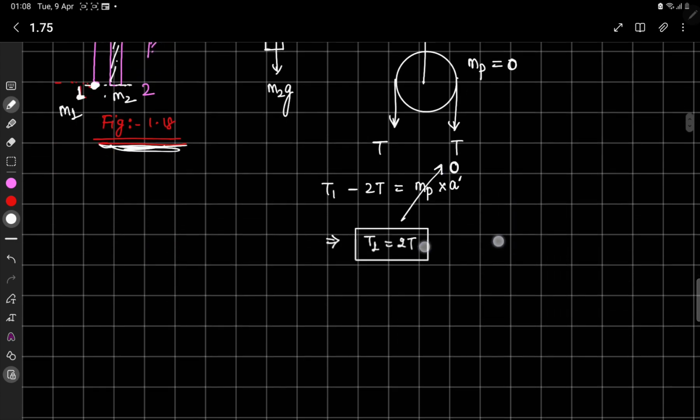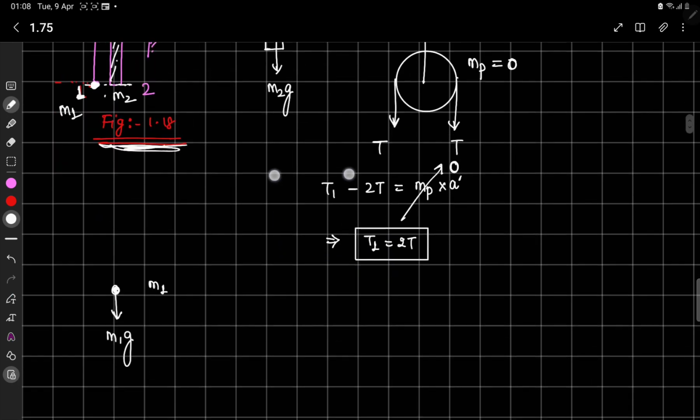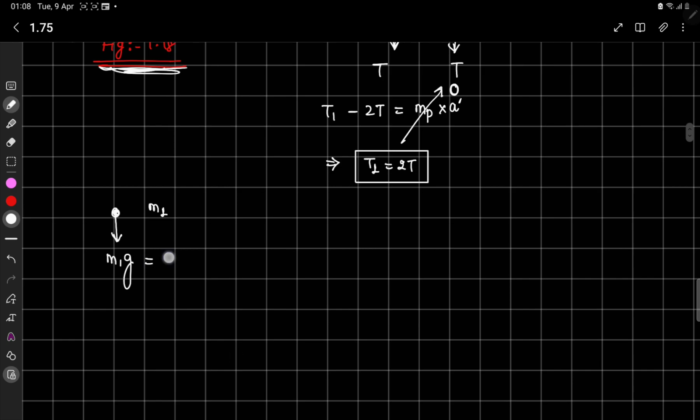Now let us draw the free body diagram of mass m1. This is mass m1. We will have the gravitational force m1g in the downward direction, and if we replace m1 with eta times m2, it becomes eta times m2 into g.